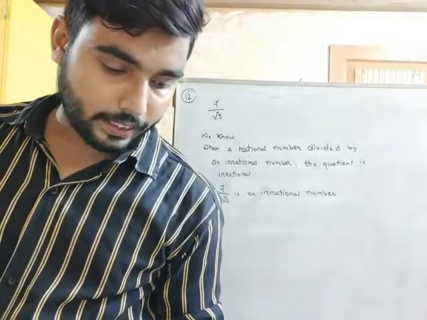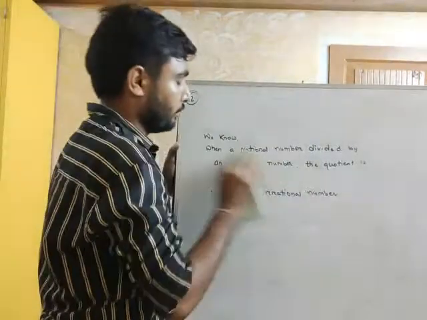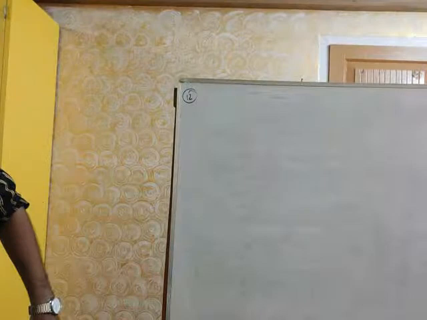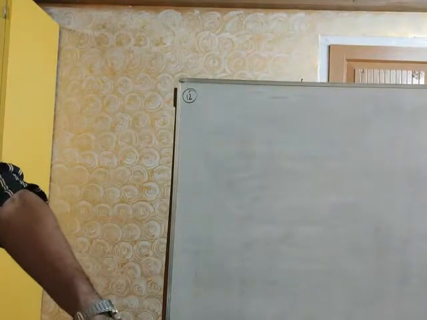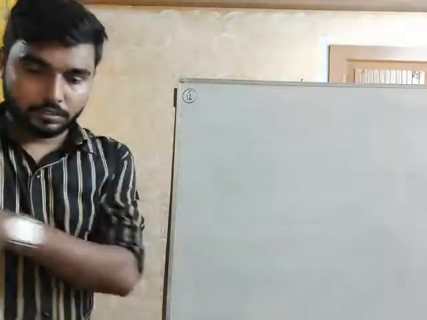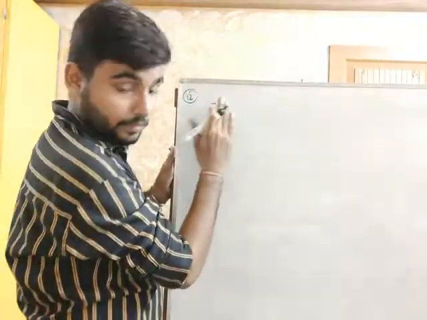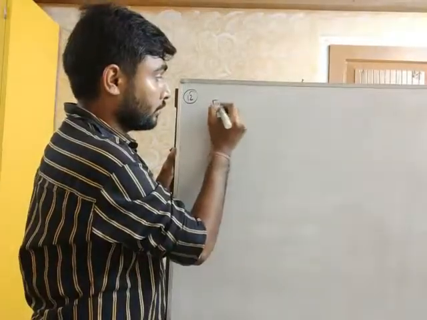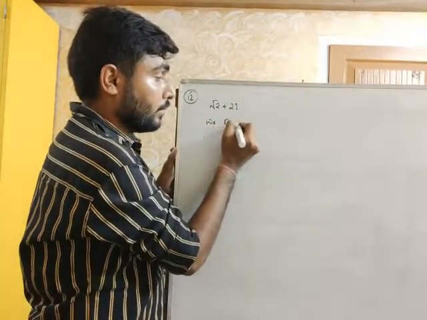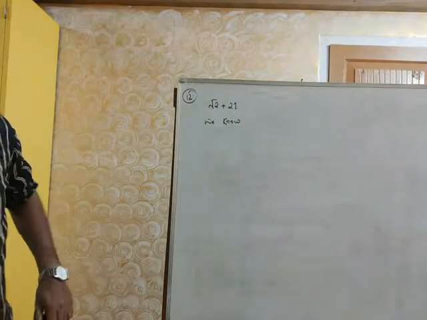Okay, next let us see root 2 plus 21. We know root 2 is irrational and 21 is rational.